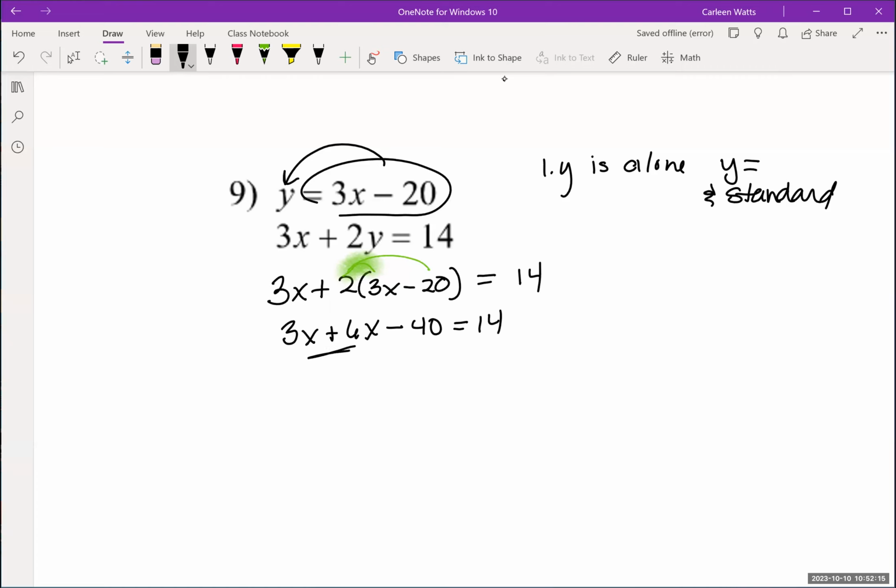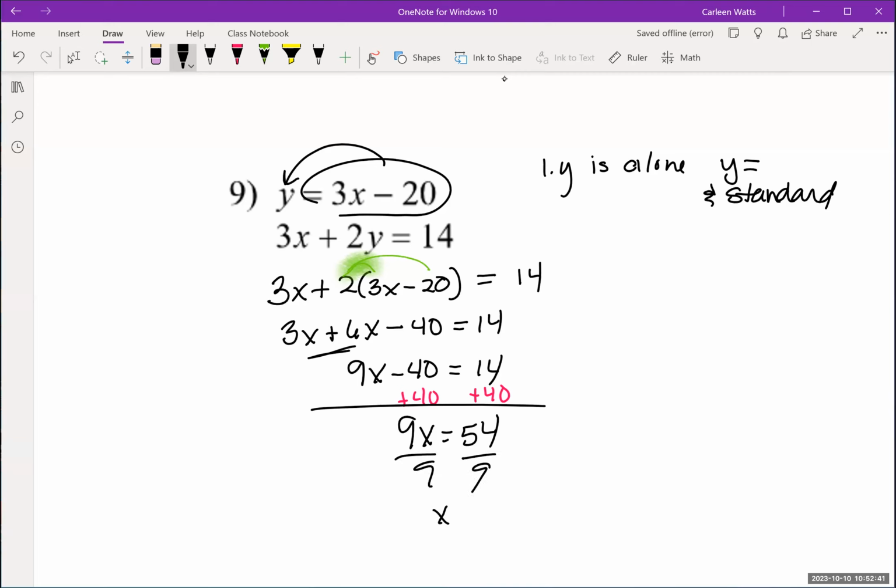Combine like terms, 9x minus 40 is equal to 14. Add 40. 9x is equal to 54. Divide by 9, x is equal to 6.